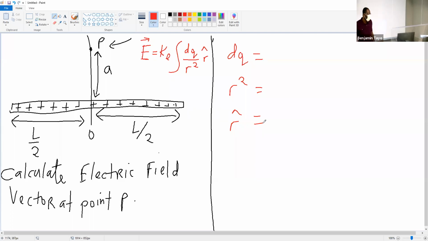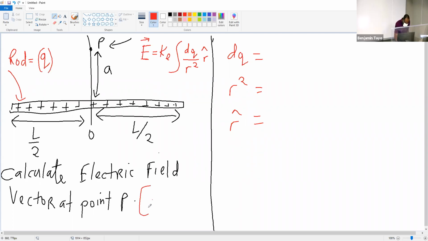Now, in this example, because I'm talking about a line, my dq is very simple to write. Whenever I give you this problem, we're going to assume that this rod has a total charge of Q, right?